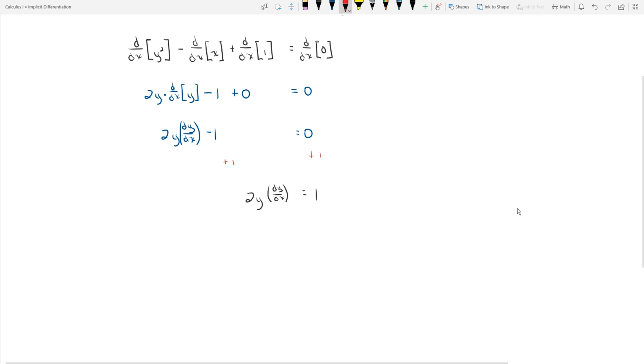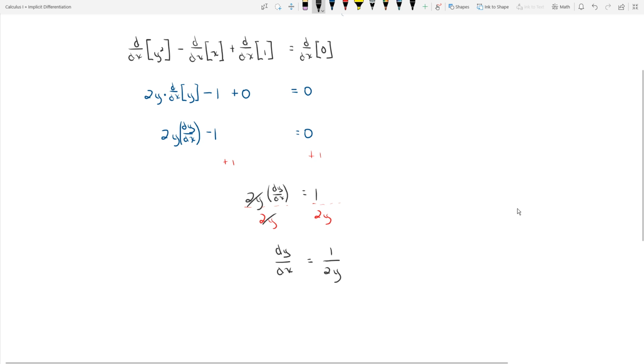To isolate dy dx, we can simply divide both sides by 2y. And we have solved, at least for the equation, the equation for the slope of a curve at any point, and we will have dy dx is equal to 1 over 2y.